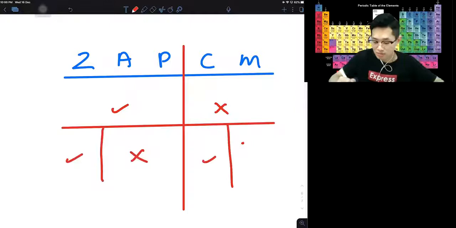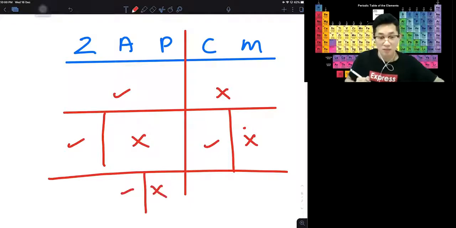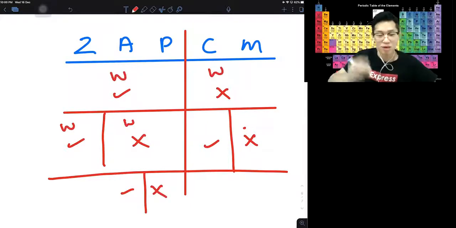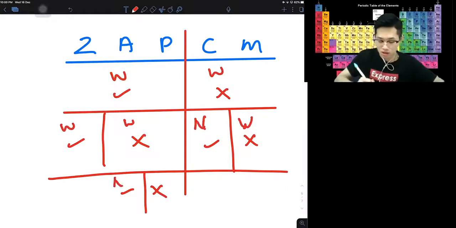C and M, tick cross. A and P, finally, tick cross. Like go to the website lah, www, one more W. Norway, New York. Y means yellow precipitate.